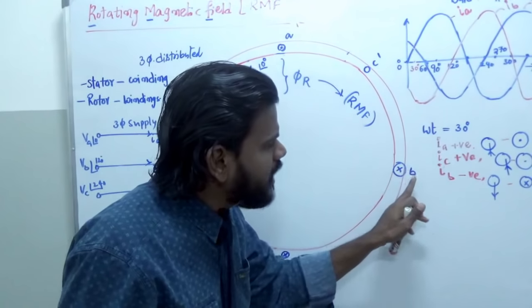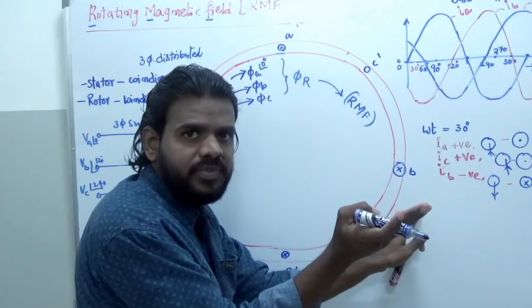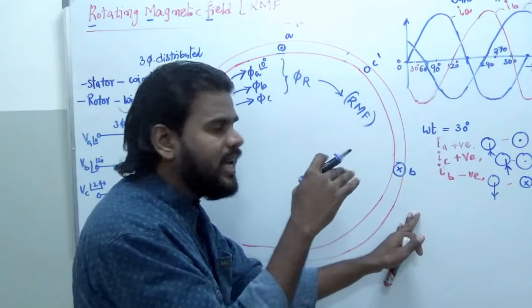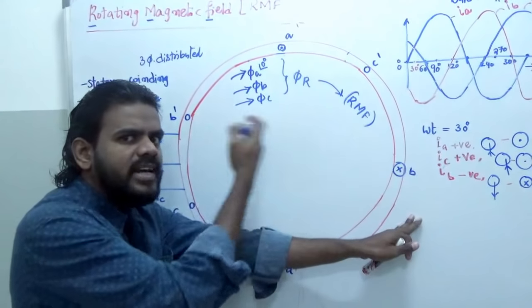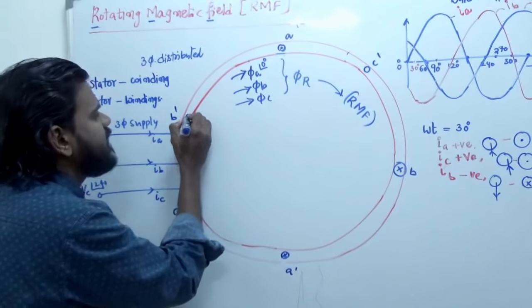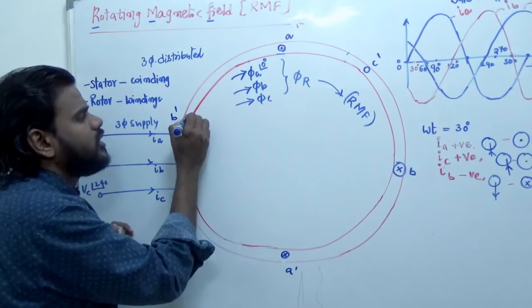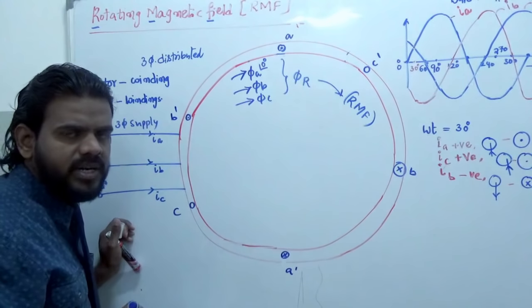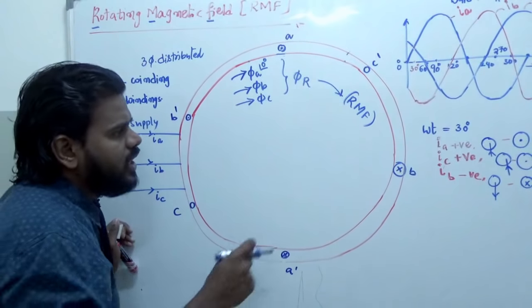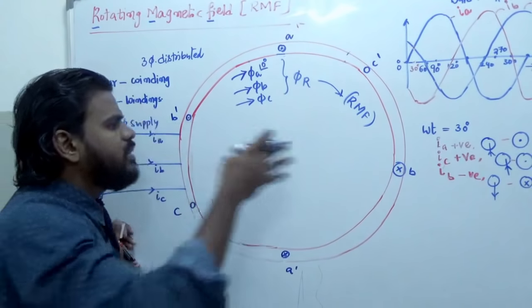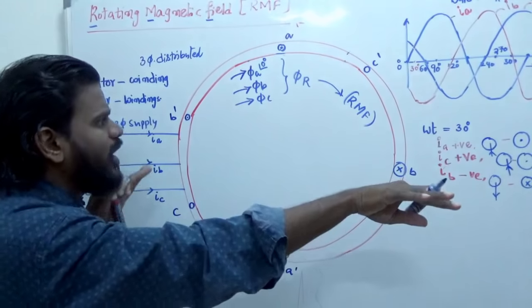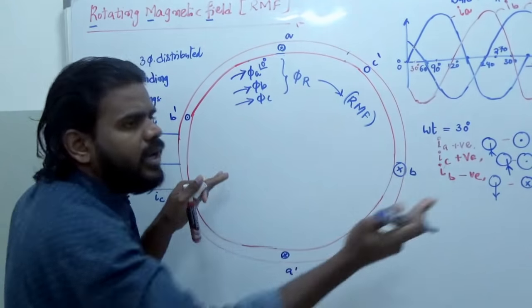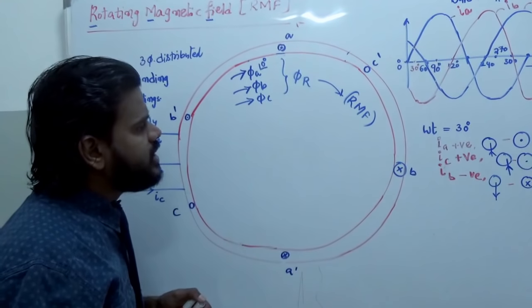And if the current is coming out here, definitely the current would have entered at B dash, because this is a pair, a coil. So I indicate this with a dot. Is it making sense? The current has got into B dash and is coming out of B. This is how I can take this understanding.